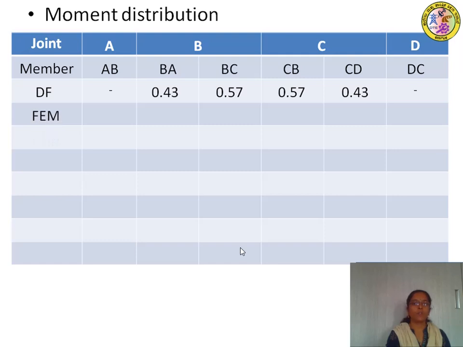Next, we will write the fixed end moments: MFAB 0, BA 0, BC minus 35.56, CB 17.78, CD 0, and DC is also 0.